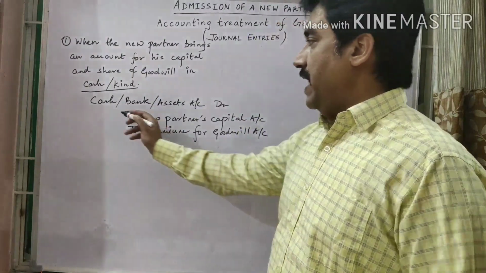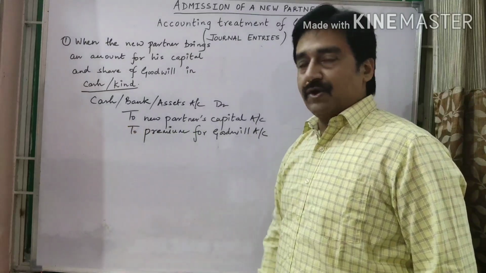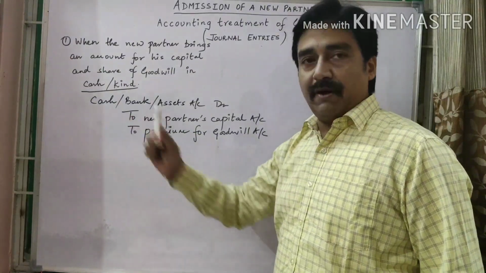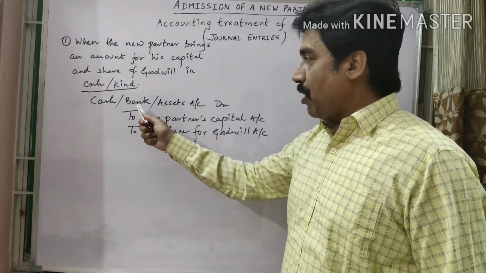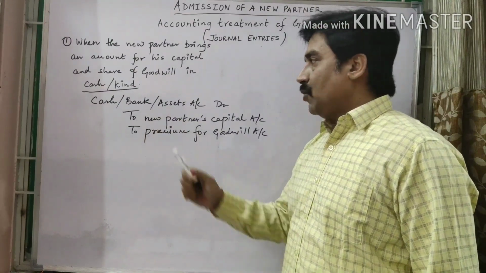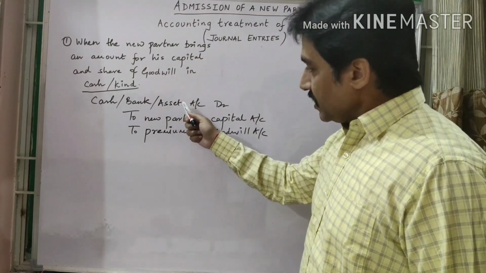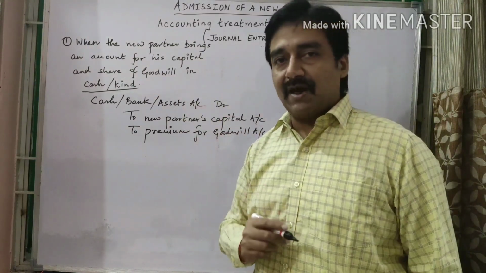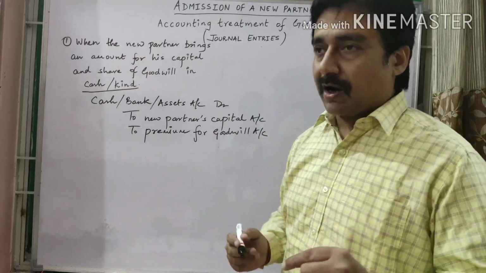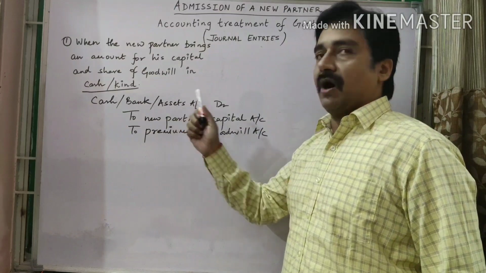Okay, so the entry goes like this. If he brings his amount in cash, the journal entry has cash account debit. If that amount is brought through a check or a draft, it is bank account debit. Or if he brings it through some other assets, the entry is assets account debit, which means that if he has brought stock in the form of his capital and share of goodwill, we'll write stock account debit.